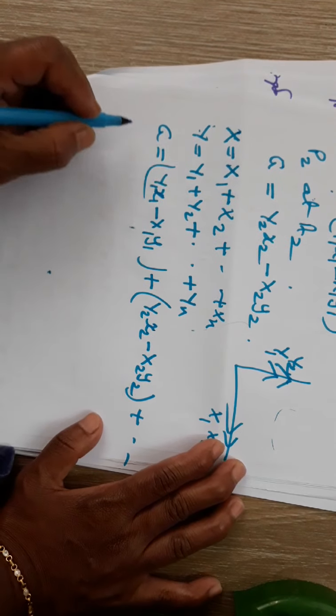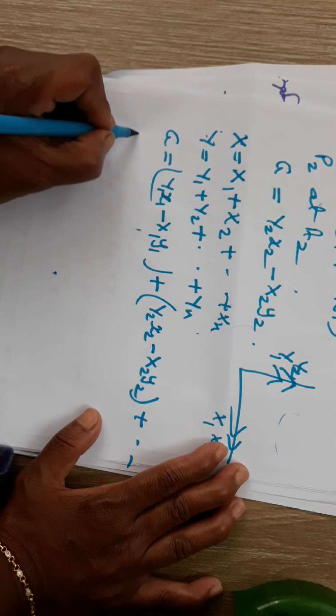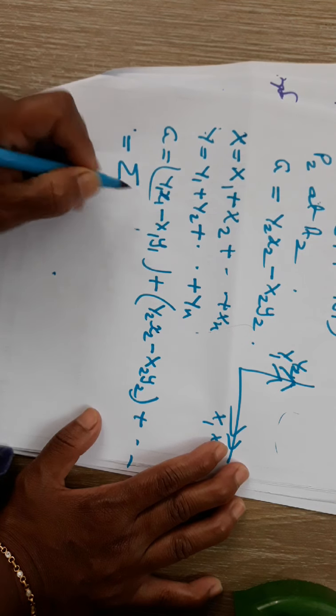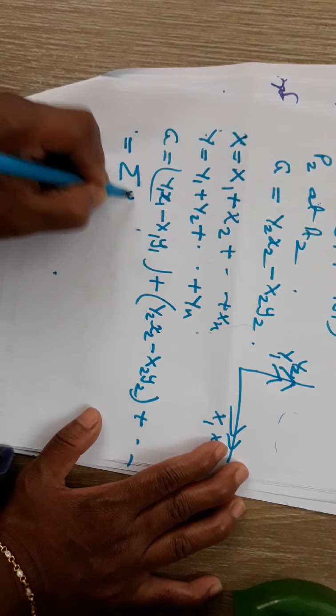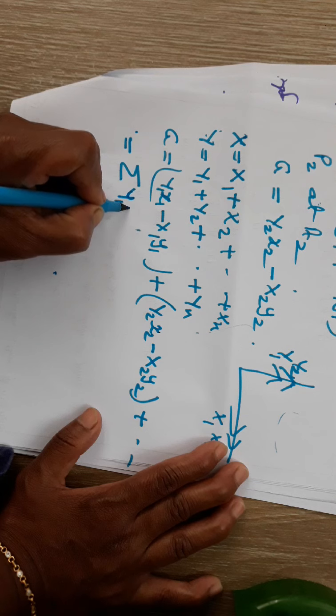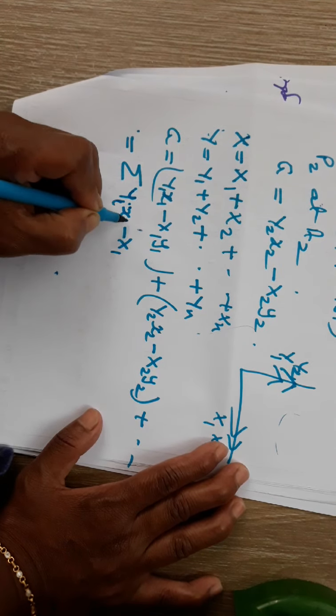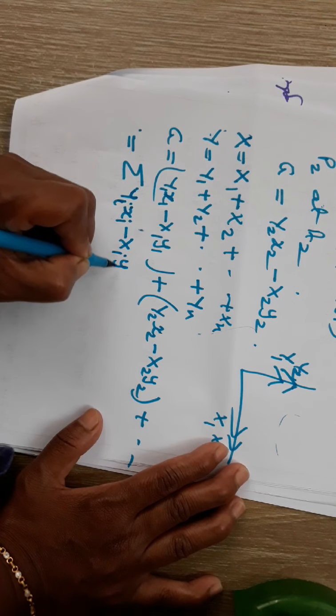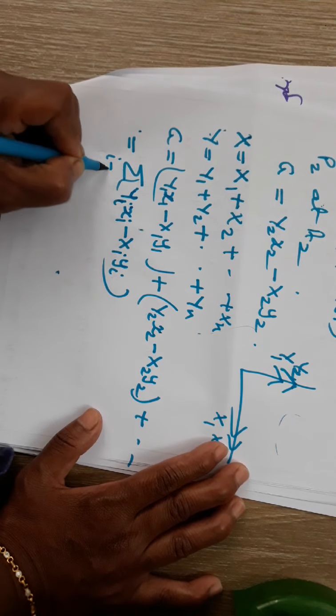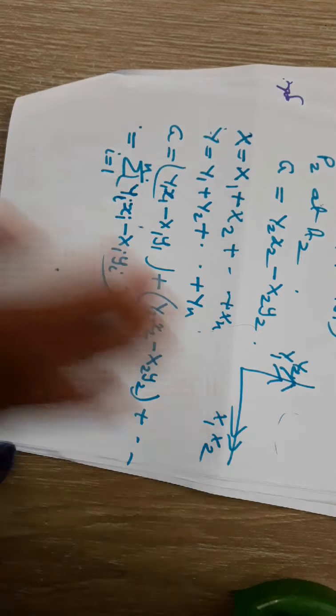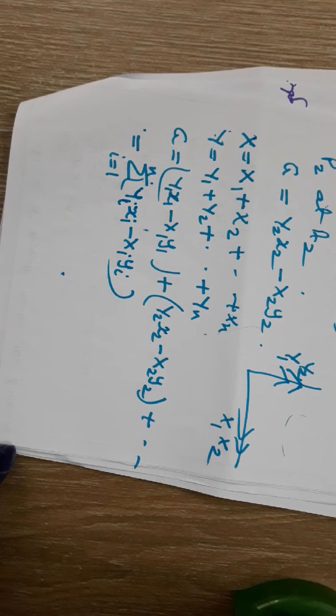Similarly for the other forces P3, P4 and so on. So this can be combined together as the summation of yi xi minus xi yi, where i varies from 1 to n, and that is the resultant couple.